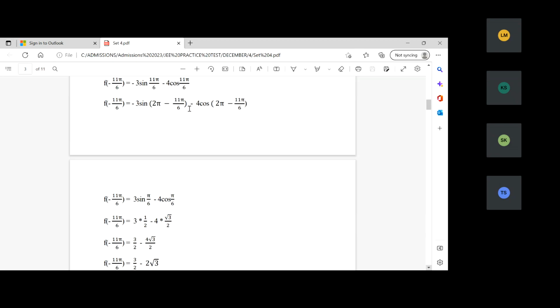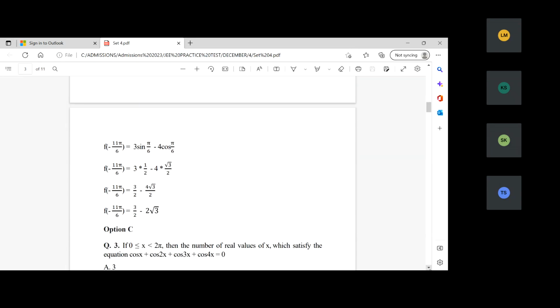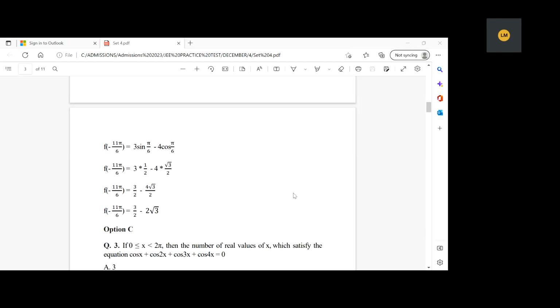It's just the simple part; you can subtract this, substitute the sine and cos values, and you have the answer. F of minus 11 pi by 6 is equal to 3 by 2 minus 2 root 3. I hope it's clear. It's a very simple question and it will not consume much time.